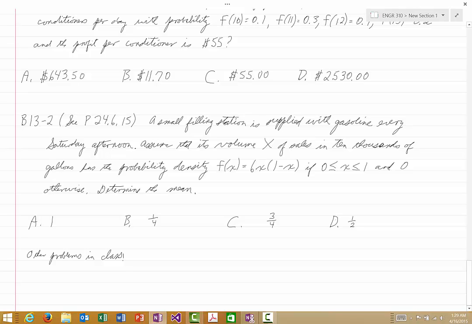Determine the mean. And the choices are A, 1, B, 1/4, C, 3/4, and D, 1/2. And then, as usual, there will be other problems in class. So that concludes lecture B13, and good luck.